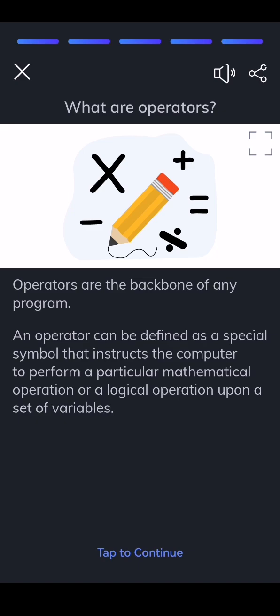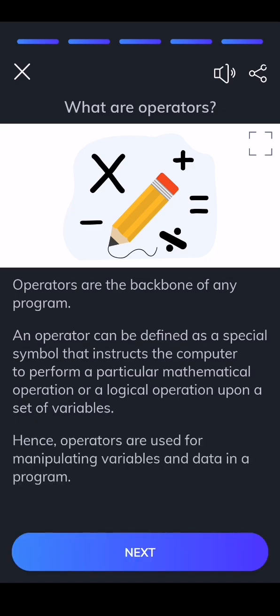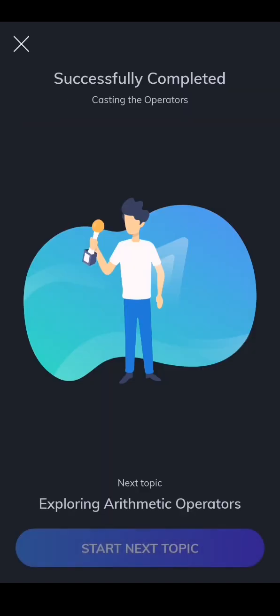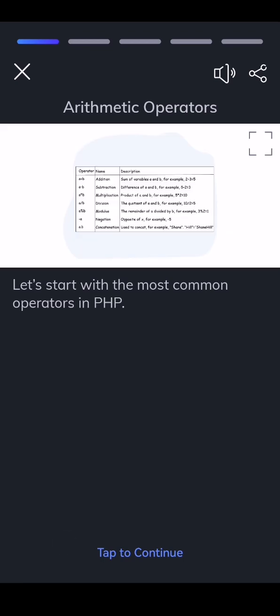An operator can be defined as a special symbol that instructs the computer to perform a particular mathematical operation or a logical operation upon a set of variables. Hence, operators are used for manipulating variables and data in a program. Let's start with the most common operators in PHP.